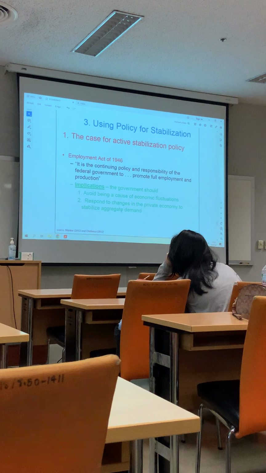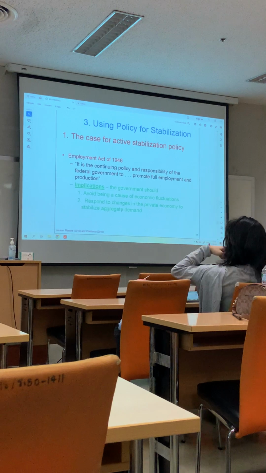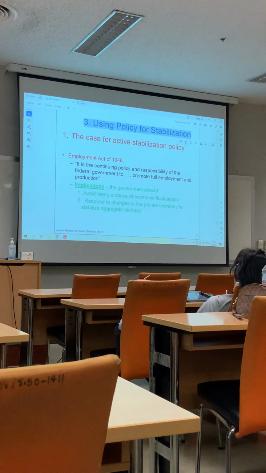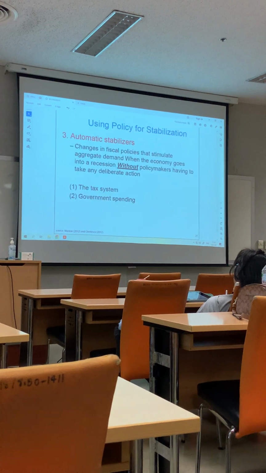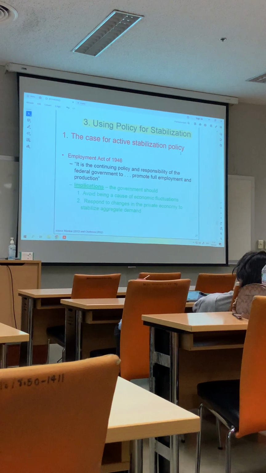Okay, now we come to the last section of the final exam, which I am quite happy about, more or less. This is the last section, which is definitely very easy as usual. Because you already know the role of fiscal policy and monetary policy on AD, we finish that.